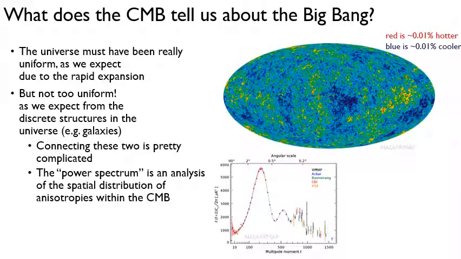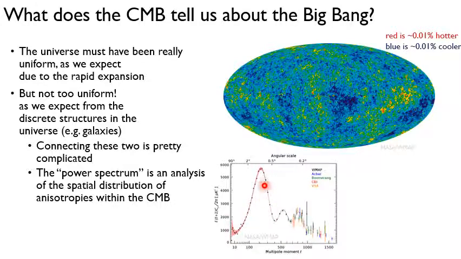On a quantitative level, connecting these temperature anisotropies we see in the cosmic microwave background and our galactic structure is quite complicated. And to even get an introductory grasp, you need to go through the full undergraduate astrophysics sequence, and that's the introductory grasp. So it is a bit complicated, just to be honest. Roughly how this is done is there's a thing called the power spectrum that we can observe here.